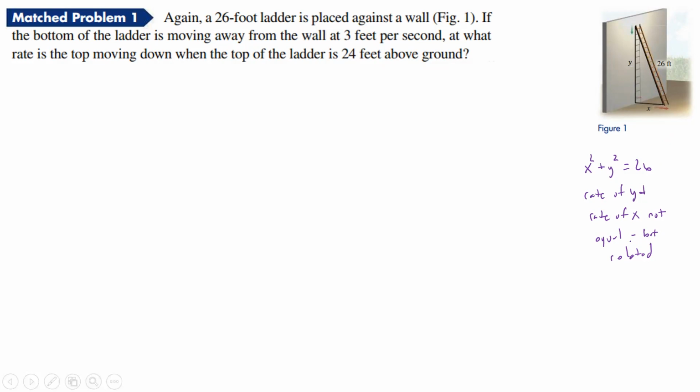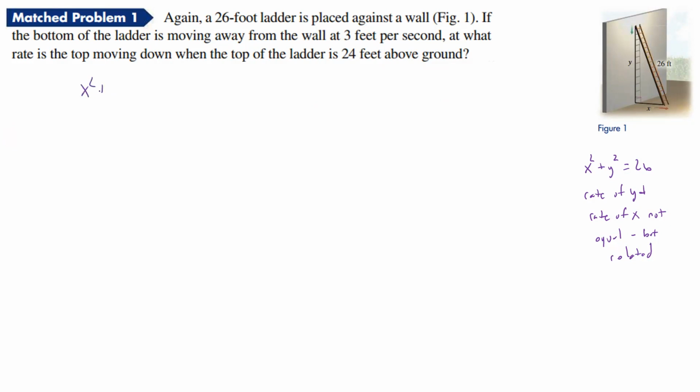So we need to take the equation we came up with, x squared plus y squared equals 26 squared, and do some implicit differentiation with respect to time. Because x is changing with respect to time, it's getting larger. y is getting smaller with respect to time. Now this one, 26, is not changing with time, so that's going to be the key here.